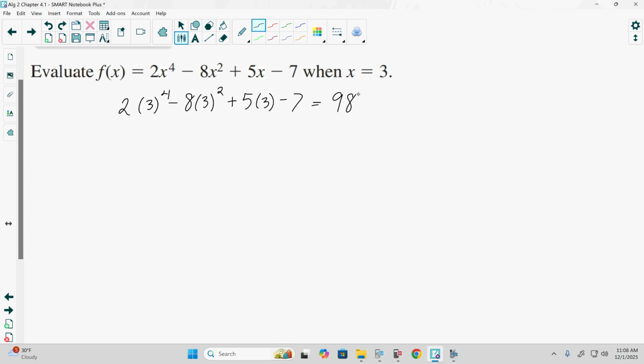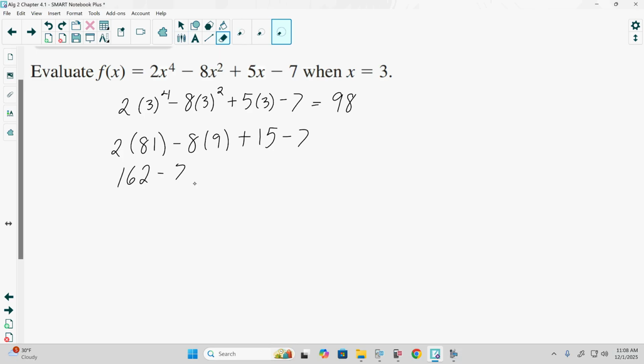We could say 2 times 3 to the fourth. That would be 2 times 81. 3 squared is 9. 5 times 3 is 15. Minus 7. 2 times 81 is 162, minus 72, yes, 72.